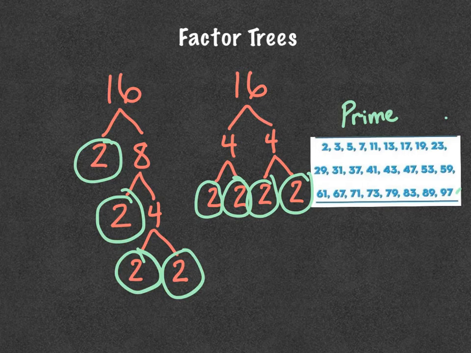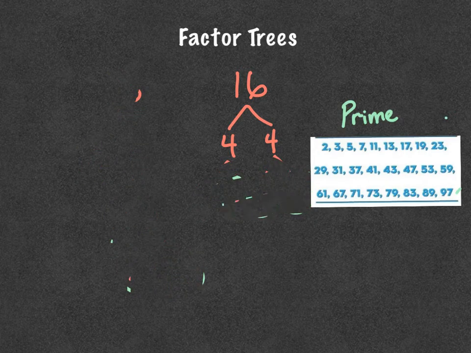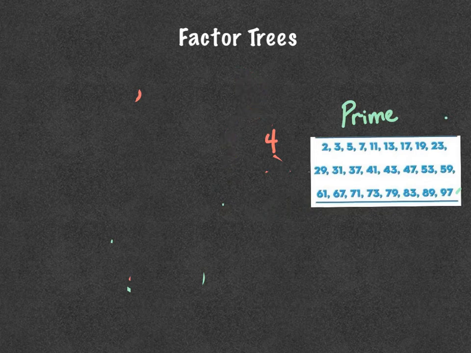All right, let's try another one. We've done a lot of things with 2's here, and 2's aren't always your answer. Sometimes you have numbers that are not 2, other prime numbers like 3 or 5 or 7, or even a little higher, getting into like 13 and things like that.